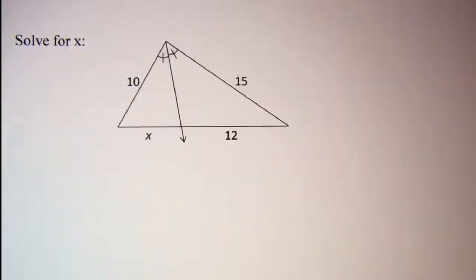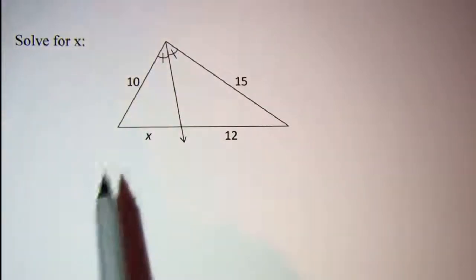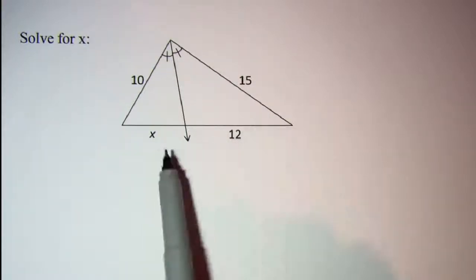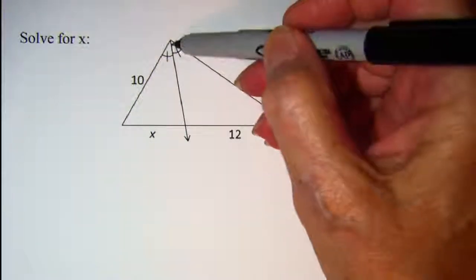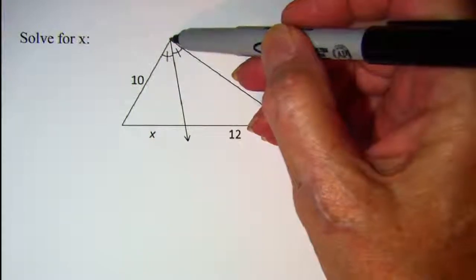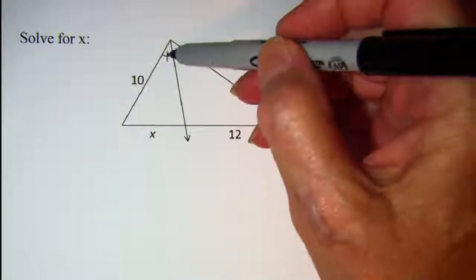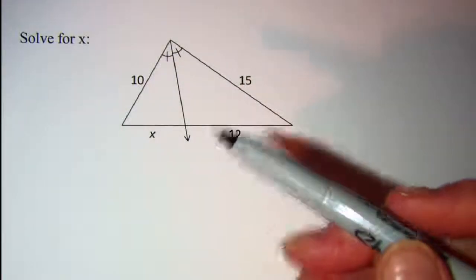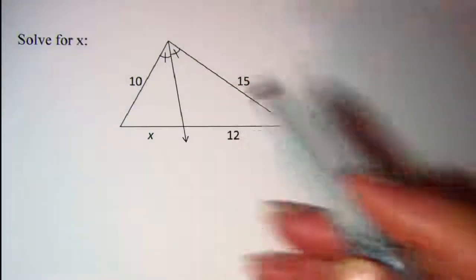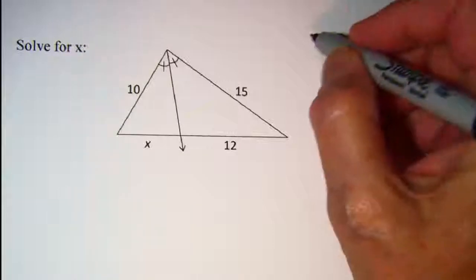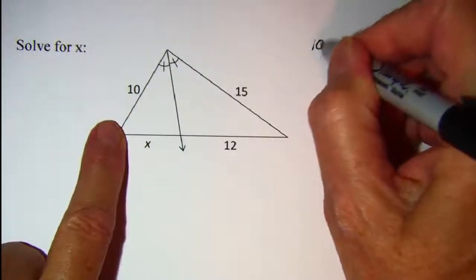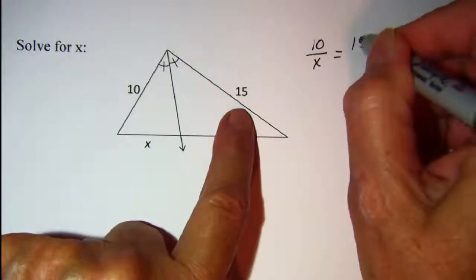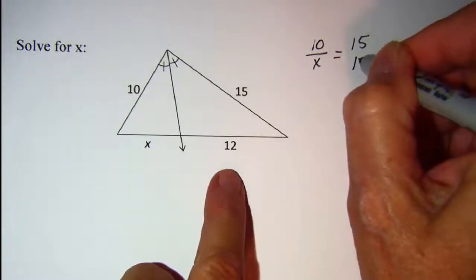So let's look at this problem. We're asked to solve for x, and we're given a triangle, and the angle here at this vertex has been bisected. We know that because of the slashes in the arcs. And so I can set up a proportion of 10 is to x as 15 is to 12.